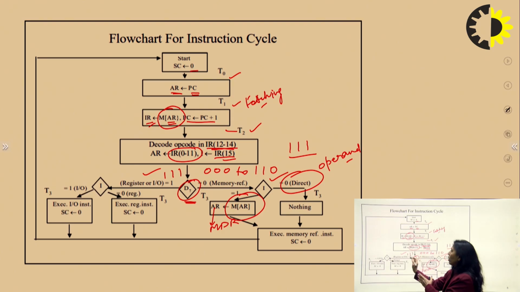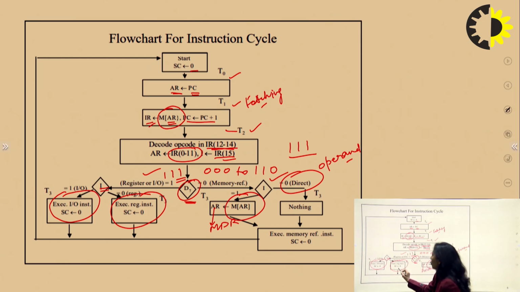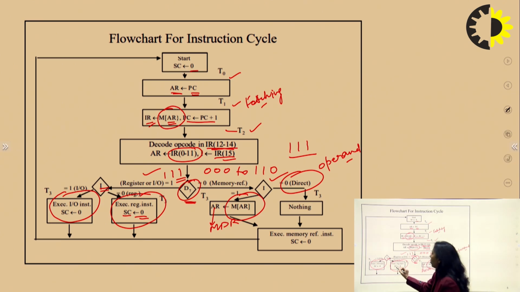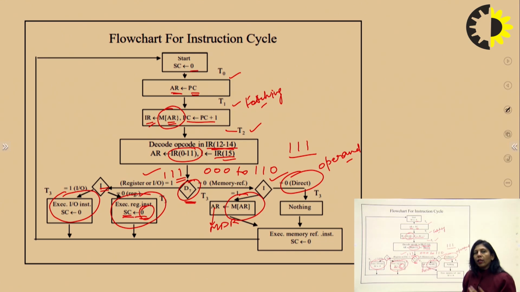Now coming to this side, if it is D7, in that case we have two referencings, either register or input-output. If the value of I is 1, then it will be input-output execution. If the value is 0, then it will be register instruction execution. And after going through all the processes, once again the sequence counter is made 0, so that it can start fetching the next instruction again.